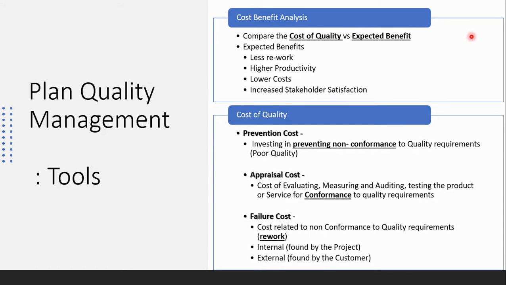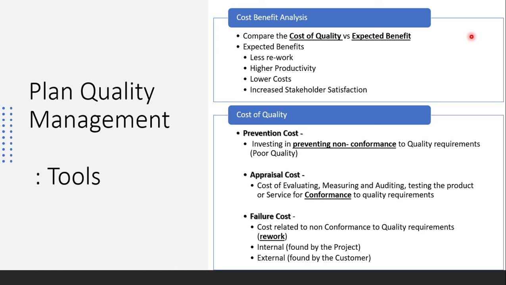Then again, you as a project manager might have to weigh the cost of quality, the cost of adherence to quality, against expected benefits. So cost of quality we'll talk about in a few minutes.